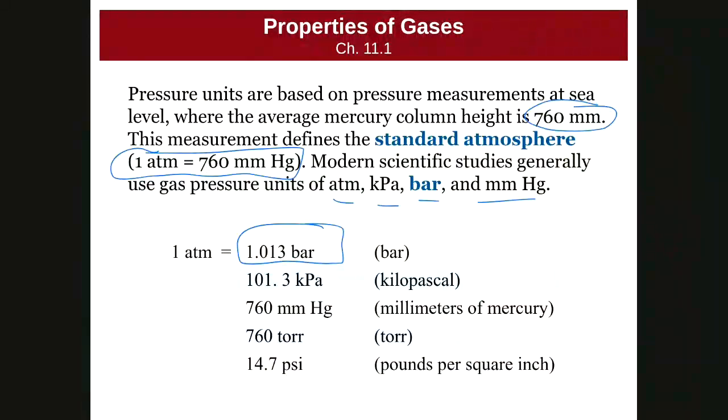If you remember, in our last section, we talked about the standard conditions for enthalpy, and one of those was that the pressure of your sample was 1 bar. But now we're learning that 1 atmosphere is a little less than 1 bar because 1 bar is a little bit bigger. So you have 1.013 bars in 1 atmosphere. And then we have kilopascals, millimeters of mercury, torr, which is the same as millimeters of mercury, like I said, and psi.